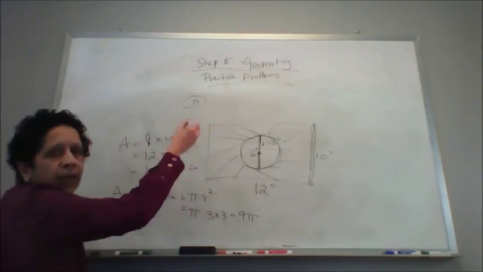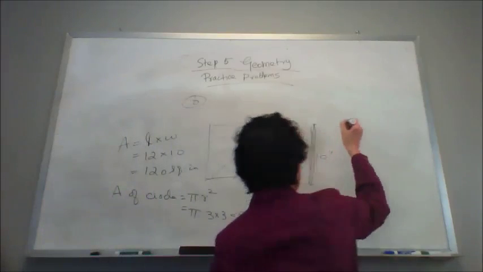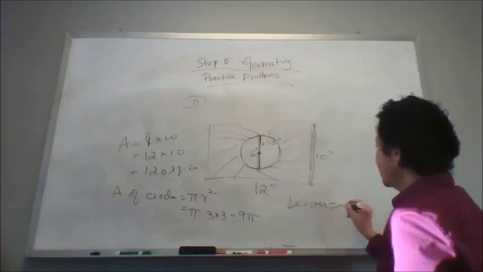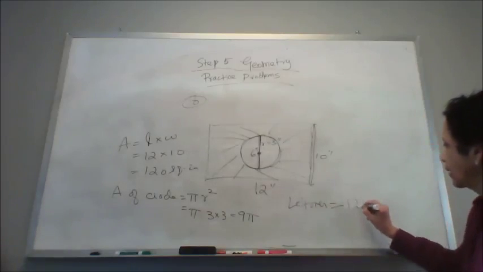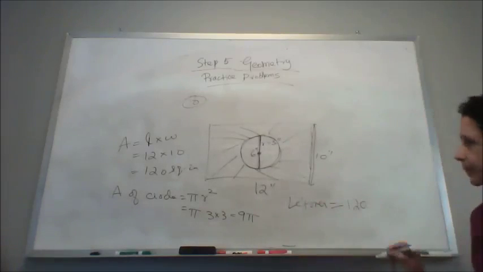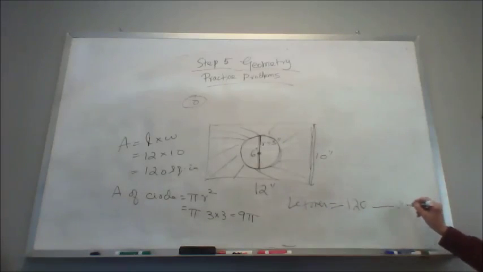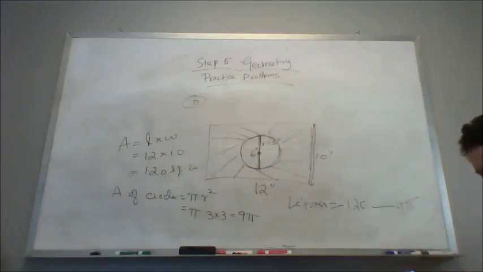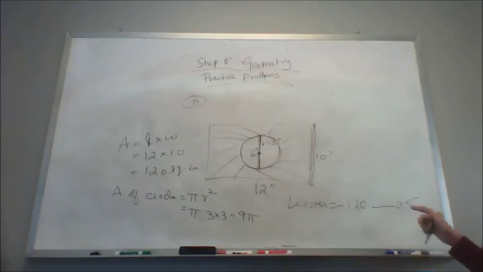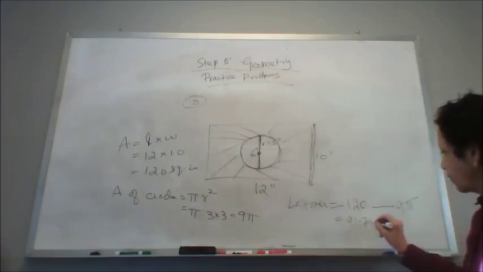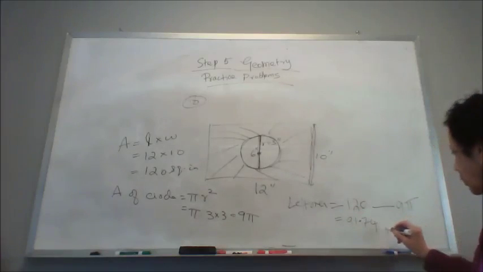So the leftover area, the area that we want, is the full area of the rectangle, which is 120, minus the circle, which is 9 pi. Okay, you do that. Then you can plug in the value 3.14 for pi, and put it in the calculator, and that comes out to be 91.74 square inches.